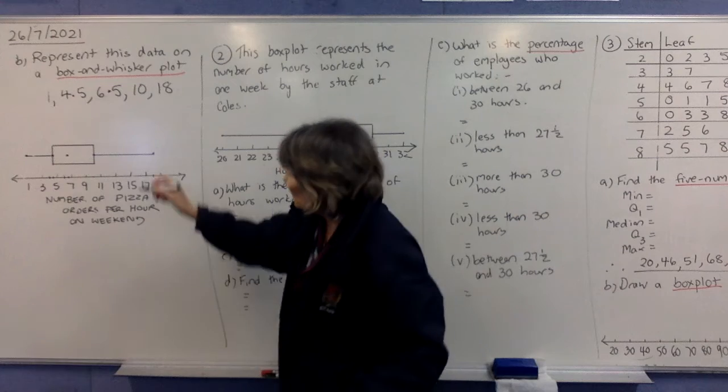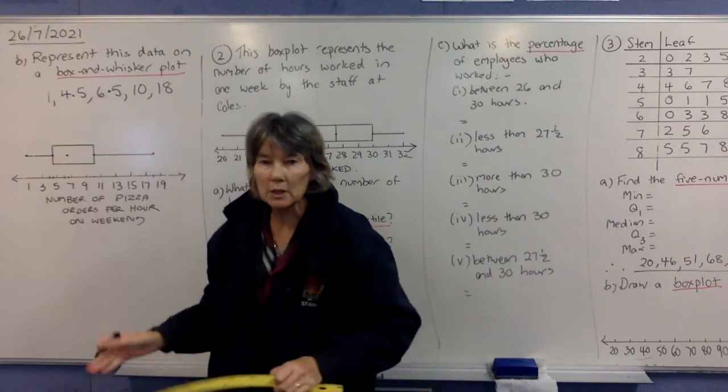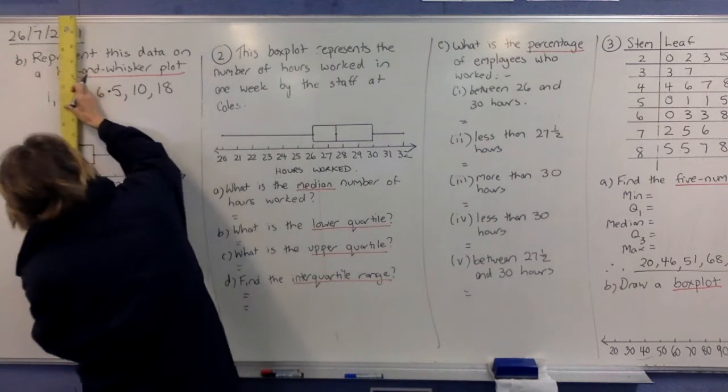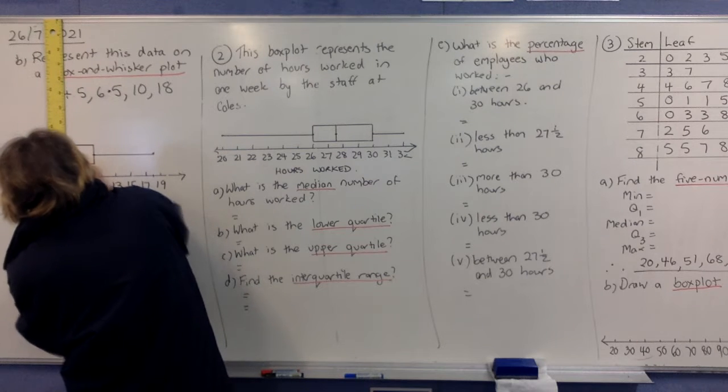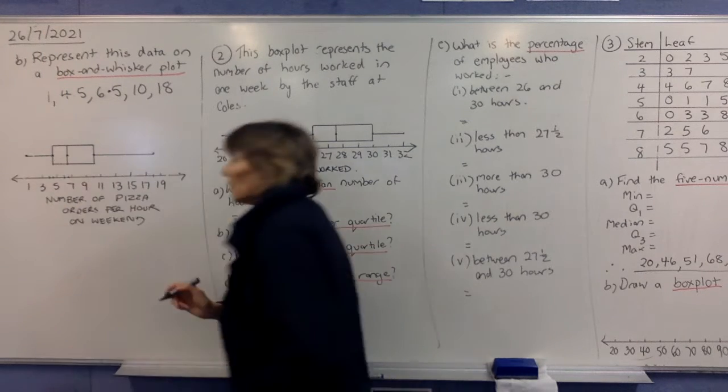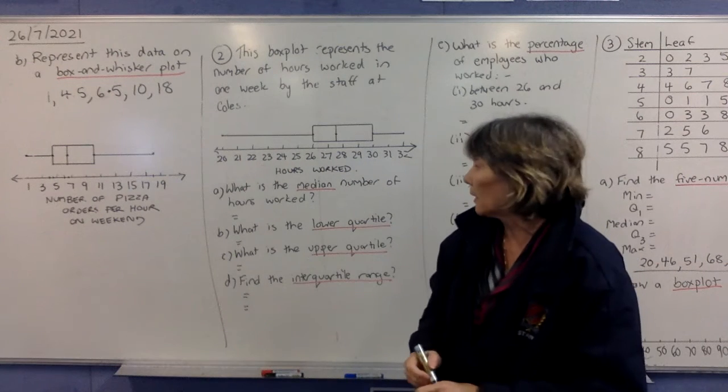Now, once you've got the box itself, that dot in the middle just is your median, so that's supposed to be here as well. It's part of the box. And that's it, finished. That's your box and whisker plot.